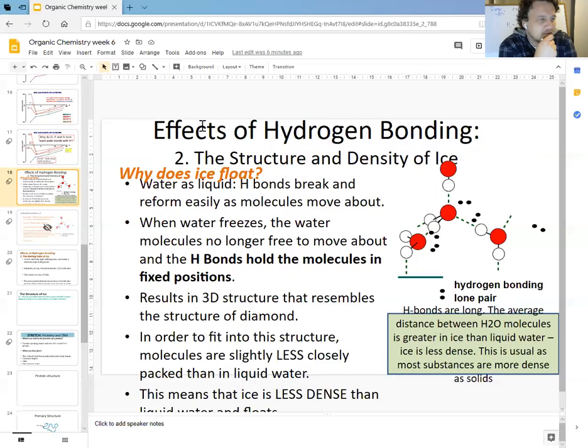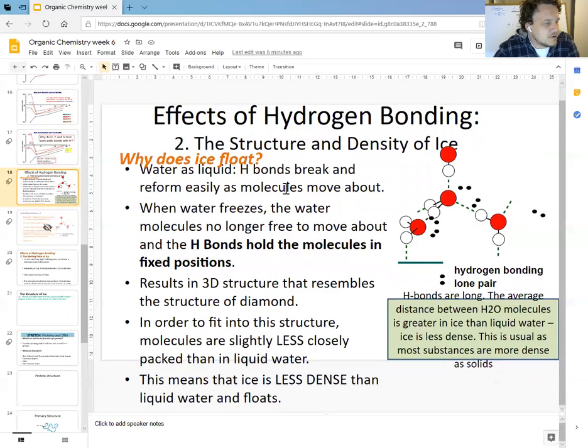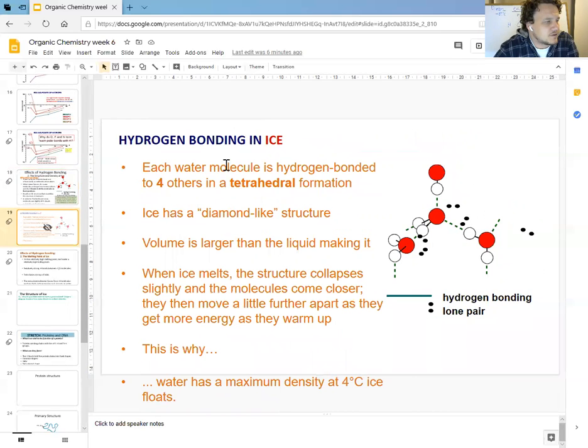Everything else shows the opposite trend. It becomes more dense when it becomes solid. So that's why we have massive icebergs. So tetrahedral formation.